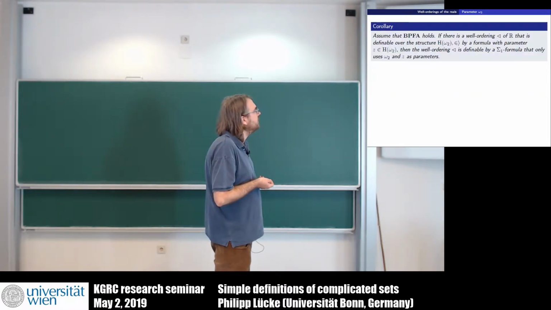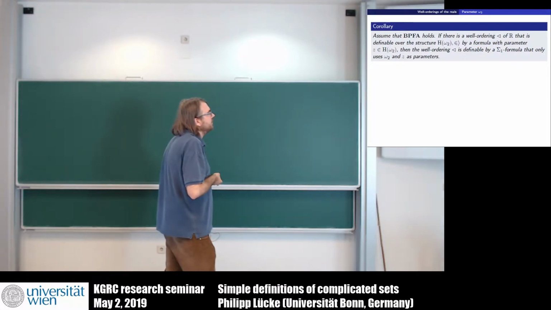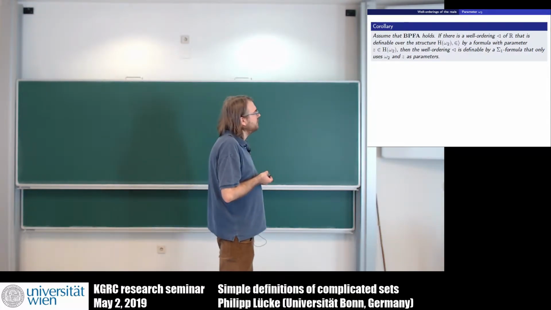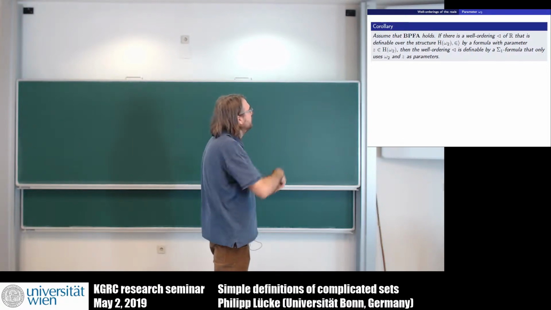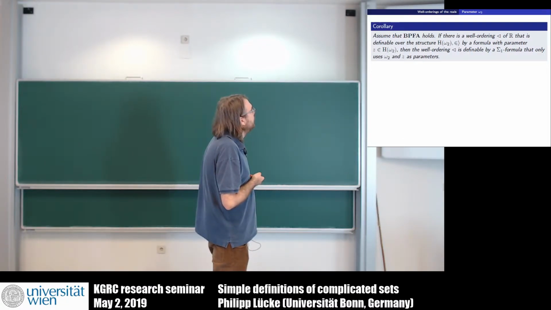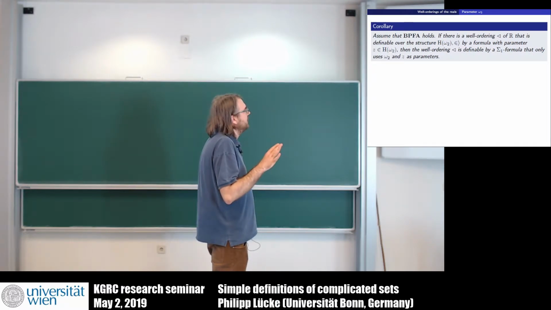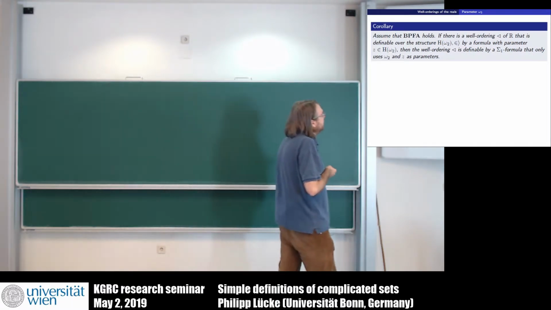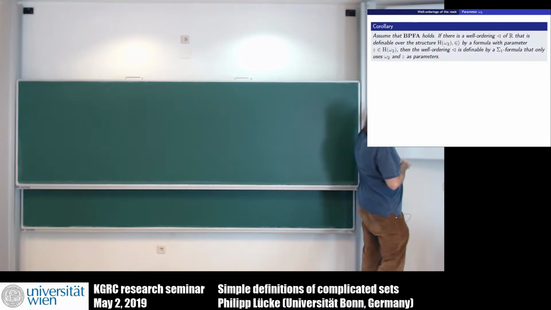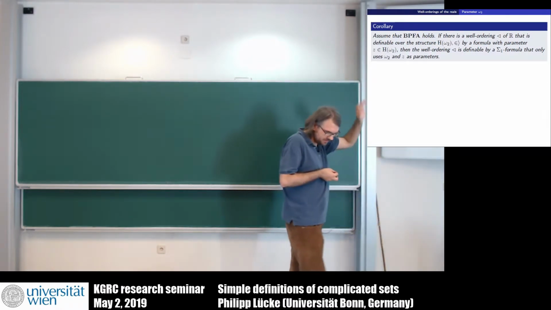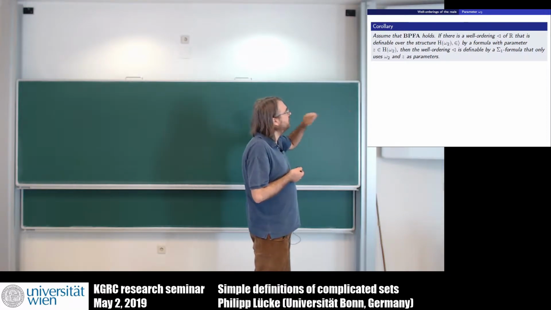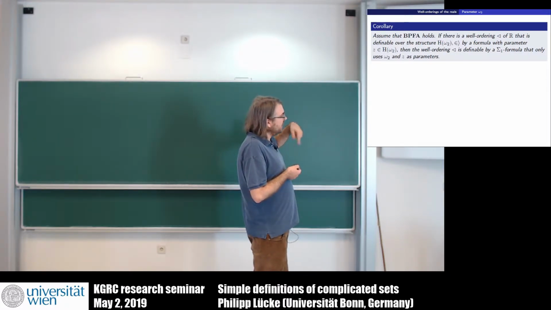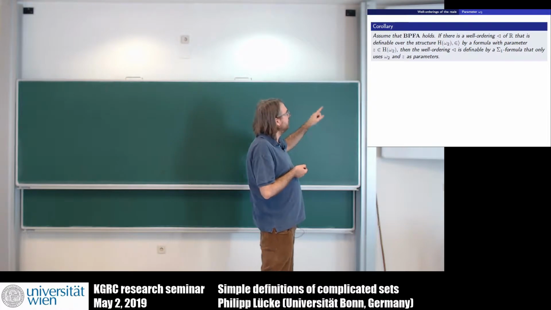If BPFA holds, and there is some well-ordering of the reals that's definable in H omega-2 by a formula of some complexity, but it uses a fixed parameter Z, and that will be the empty set in the interesting case, then this well-ordering is actually definable in V by a sigma 1 formula that only uses omega-2 and Z.